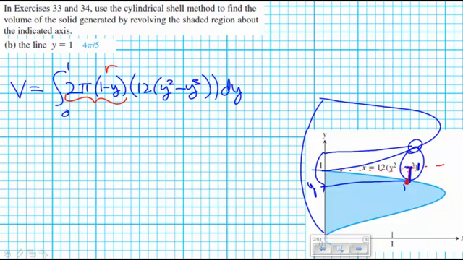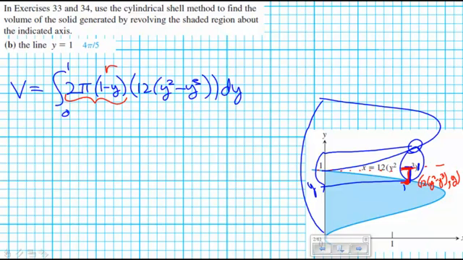Well, this point right there has the value 12 y squared minus y cubed, comma, y. The distance going vertically is going to go from this y equal 1 to this y equal y. So 1, the higher value, minus y, the lower value.